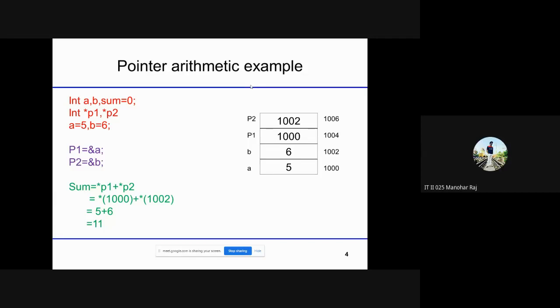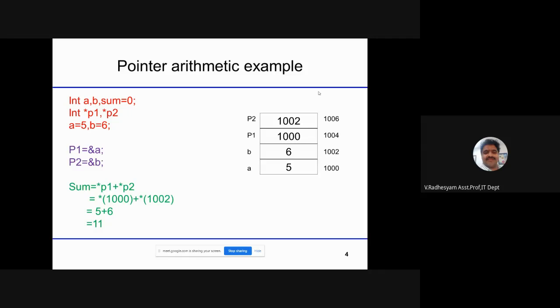Who replied? Double pointer. If you consider P3 with 1004 and P4 with 1006, then P3 and P4 are called double pointers, pointer to pointer.